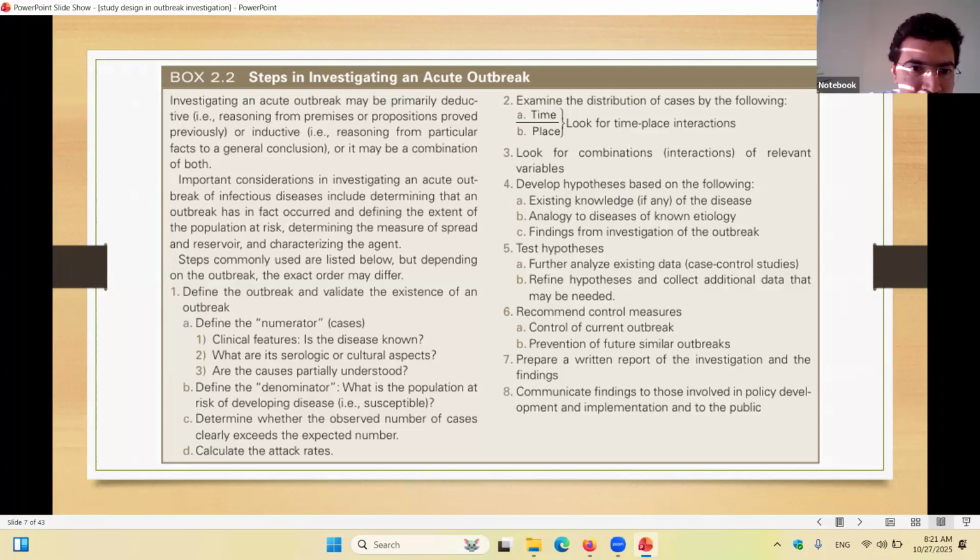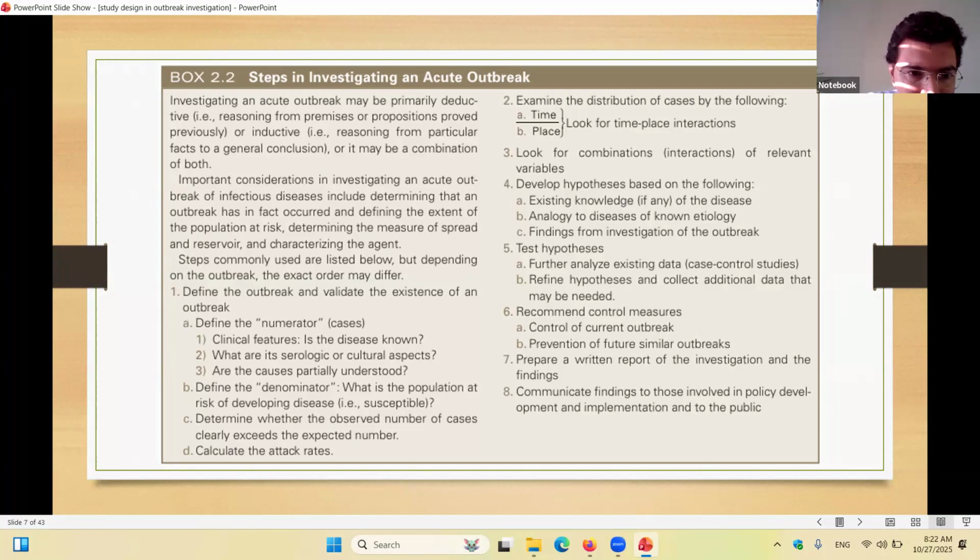Steps commonly used are listed below, but depending on the outbreak, and this is a very important note, the exact order may differ. Sometimes we should use these steps in another order. I will give you examples later.